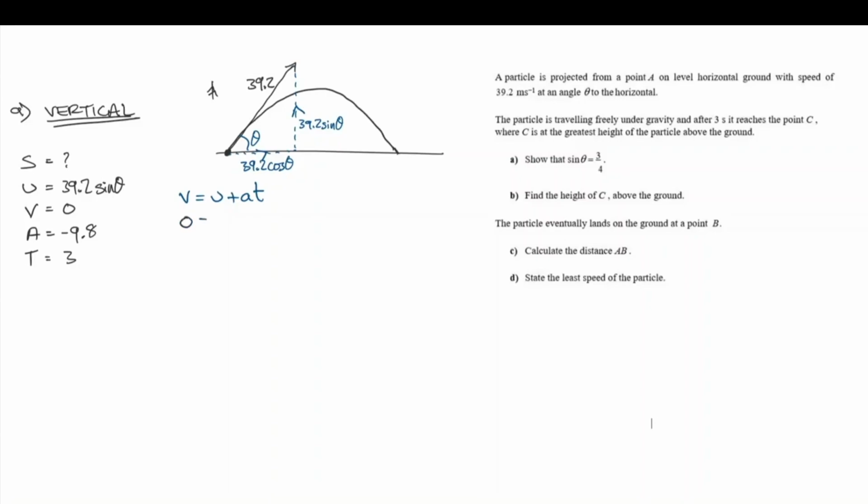We're going to use v equals u plus at. So 0 equals 39.2 sine theta minus 9.8 times 3. And it just takes some rearranging from here to get an expression for sine theta. Sine theta is going to be 9.8 times 3 divided by 39.2.